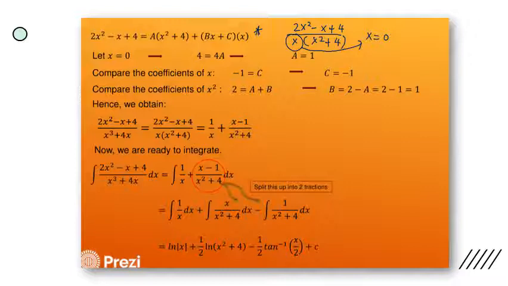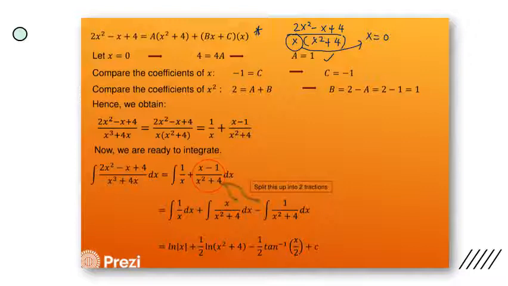Therefore, A equals 1. Then to find the values for B and C, we compare the coefficients.